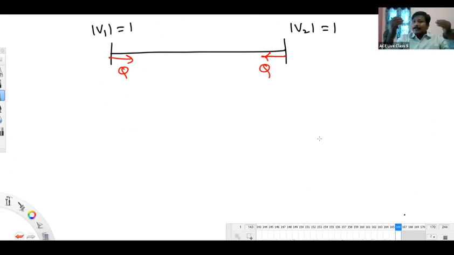So whatever reactive power is injected by both buses into the transmission line will be absorbed by the transmission line itself.